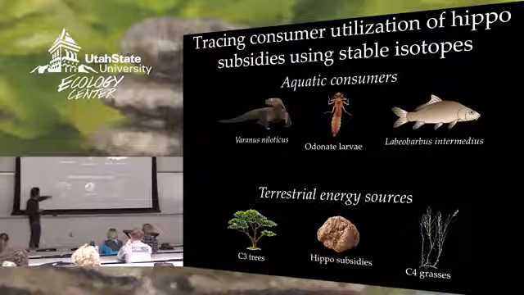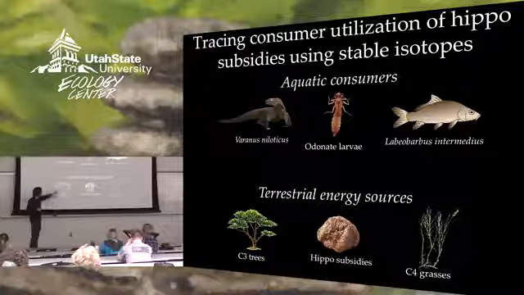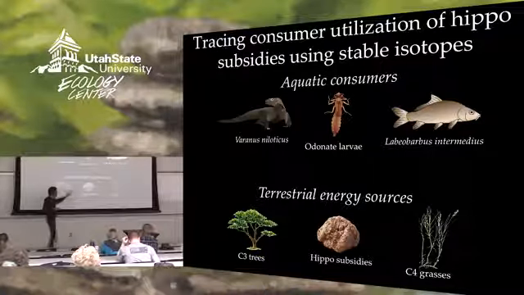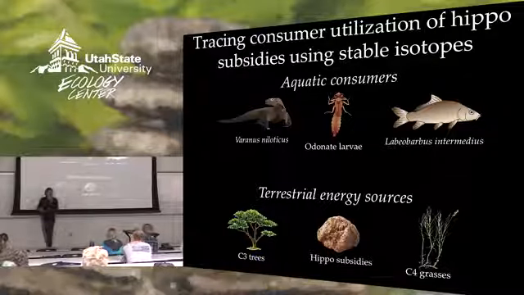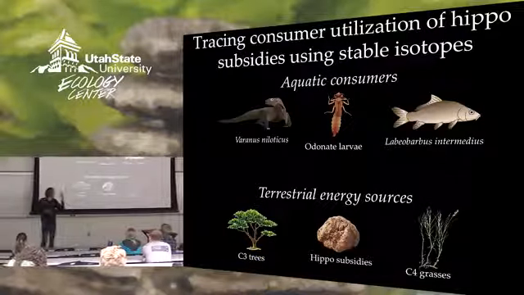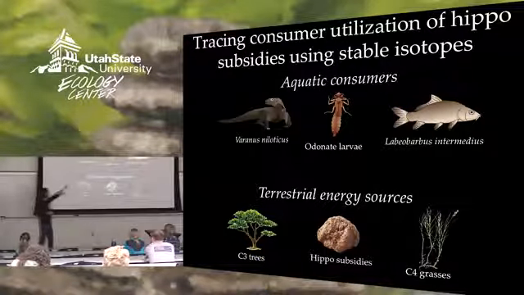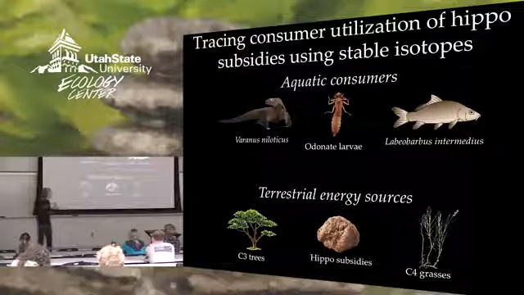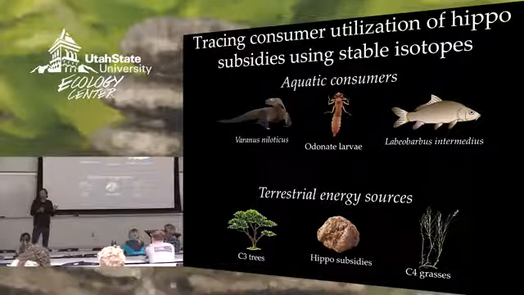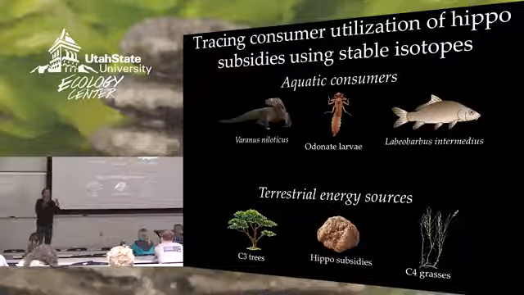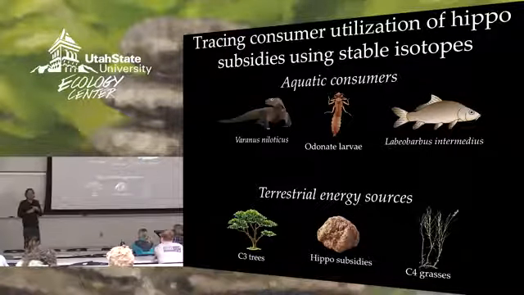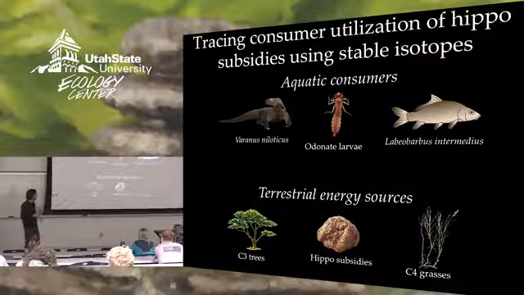I'm using carbon again as being very influential and informative. You have C3 trees that have a unique signature, and then C4 grasses and hippopotamus dung that have their own kind of signature in carbon isotopic space. You grab a handful of aquatic consumers and you look to see if you see evidence for dependency, evidence for a strong imprint of the isotopic signature of hippo dung in the tissues of some of these potential consumers.